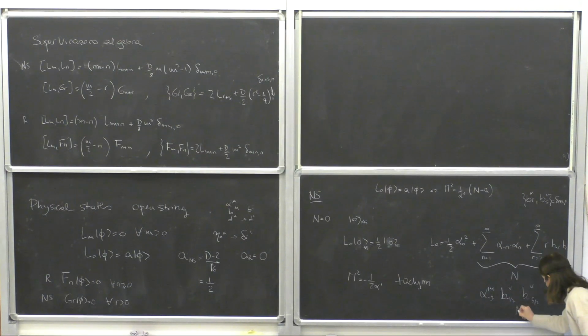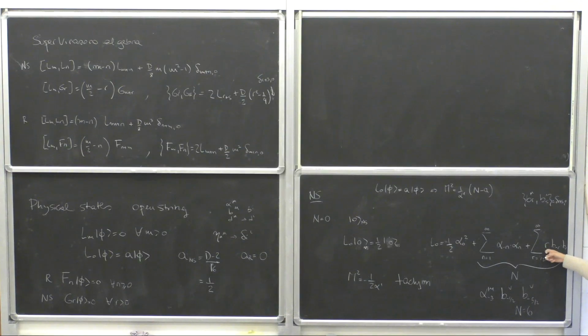This is a state that is at level n equals 6. So you can have mixed alphas and Bs. And if you do it, you'll see that this is what happens.